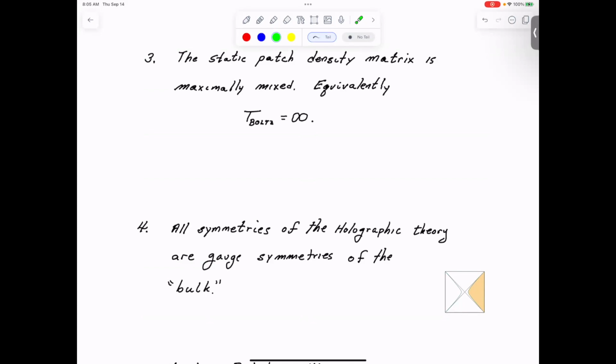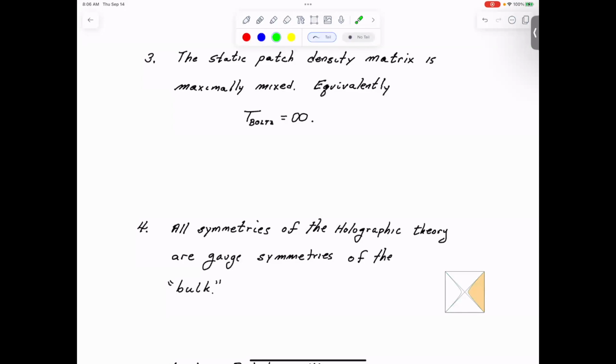I have a question. Yeah. So when you say that T is infinity, doesn't that mean that T Boltzmann is infinity? Yes. Doesn't that mean that beta goes to 0, and then how would you define the partition function? Sorry, what is the problem?